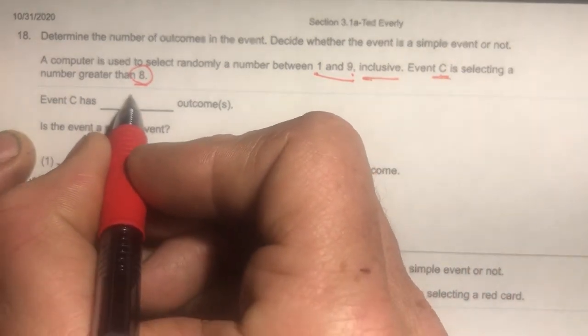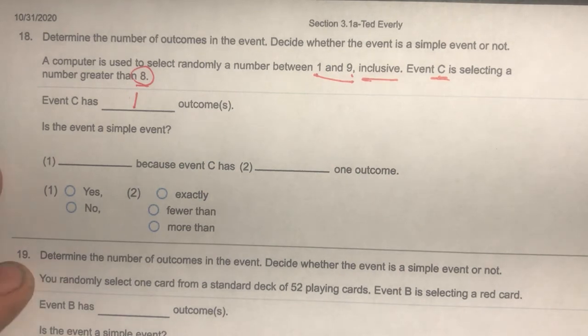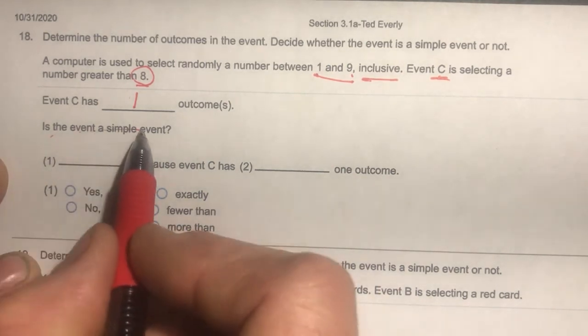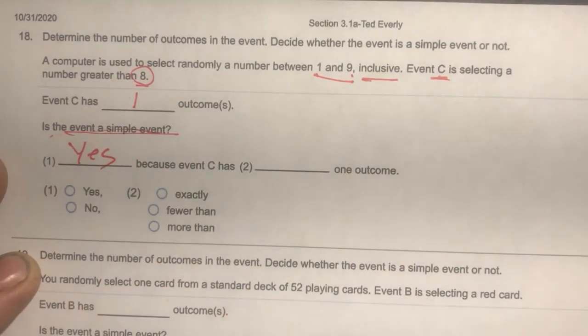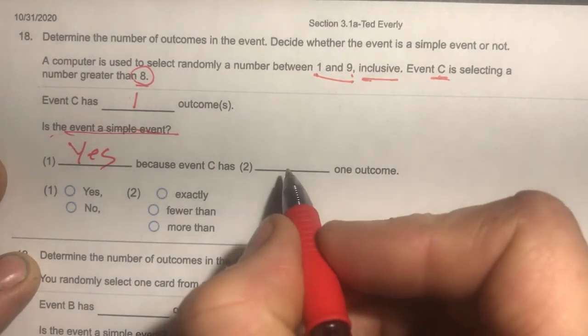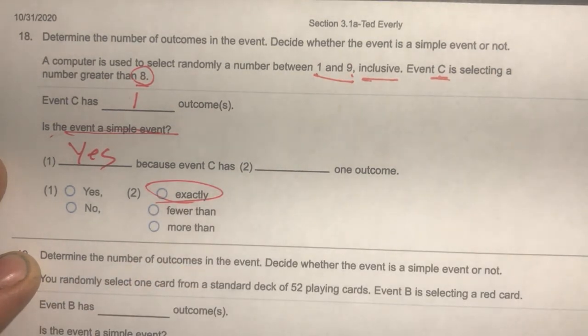Well, there's only one of those. 9. 9's only one, so there's one outcome to that. Okay? Now, is the event a simple event? Yes, because it just has one outcome. It has exactly one outcome. If you have one outcome, that's a simple event.